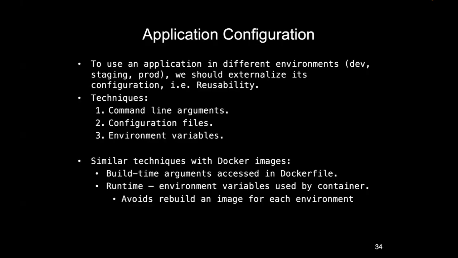And so rather than going into the code and making changes, we'd like to externalize them so that the code just picks them up from its environment at runtime. So we know all about that.